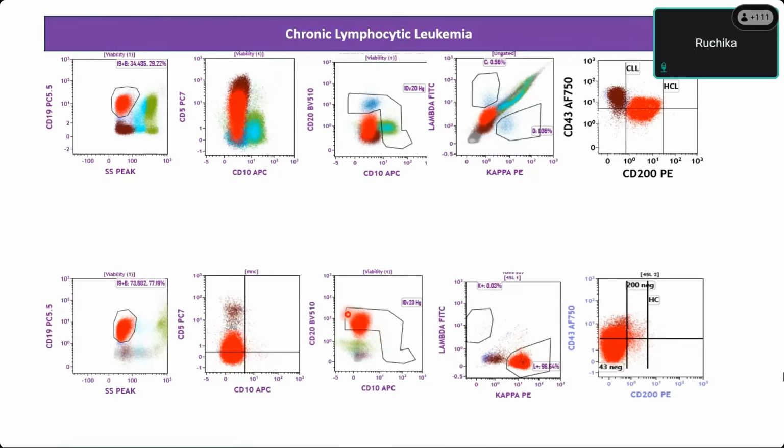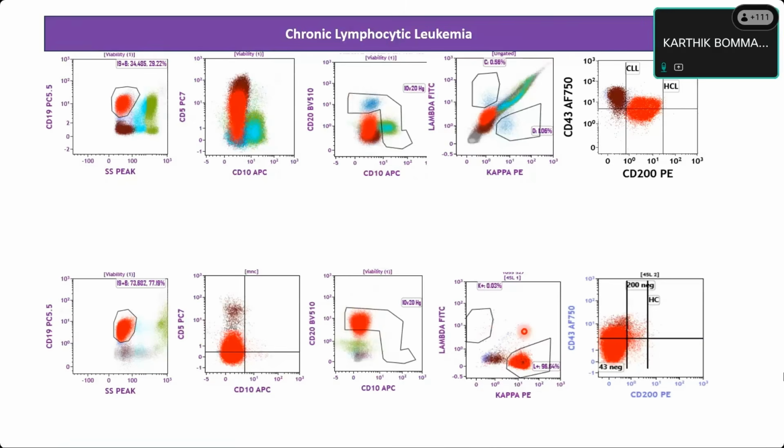CD20 is positive. As compared to this one, what is the difference? It is not reaching the level of my normal B cell, but here it is nicely reaching the level of normal B cell. So both are positive, but the intensity is moderate, reaching up to the level of my normal B cell lymphocyte here, right?